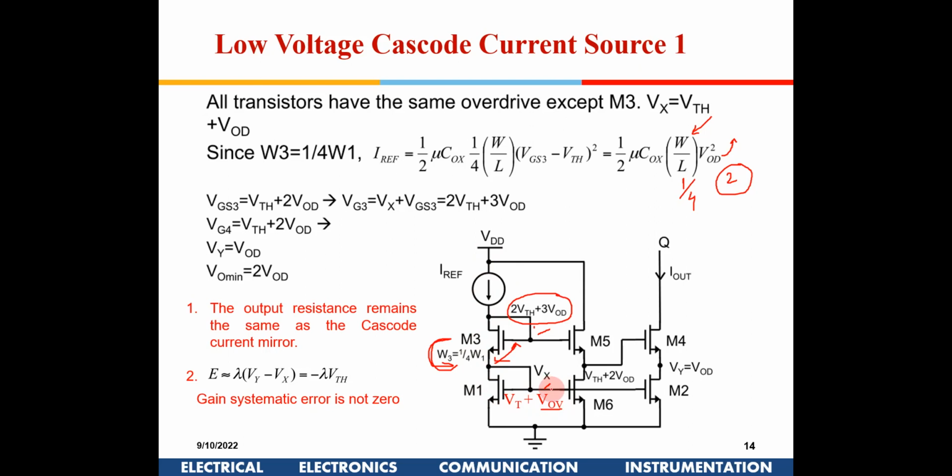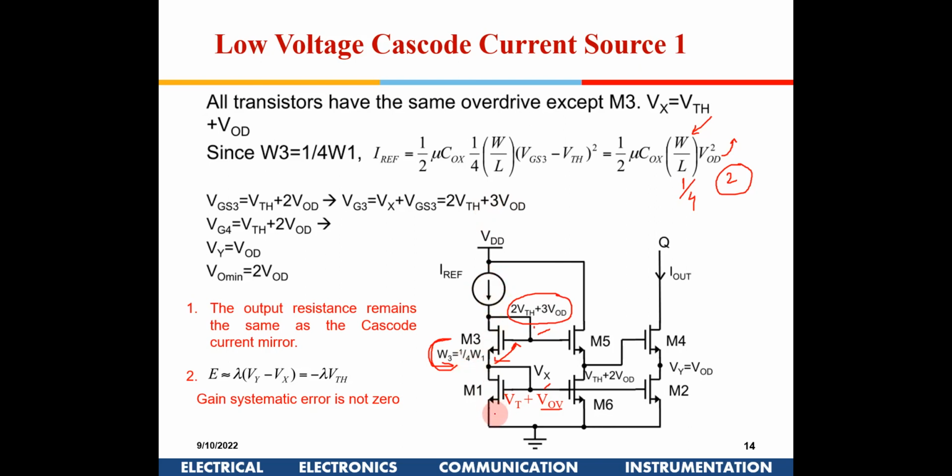This is VT. Now here to here, VGS will again be VT plus overdrive voltage. So what is the overdrive voltage here? Since W by L is 1/4, and because of the square, twice the overdrive voltage will be required here for the same current. The currents are the same.